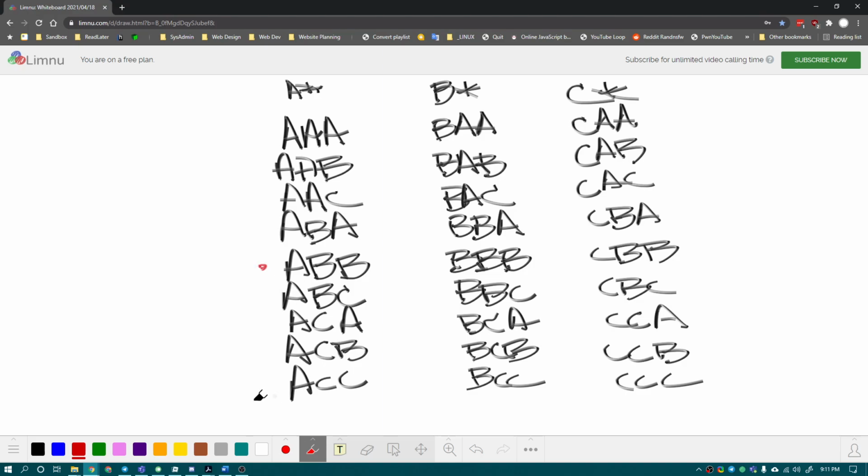Well, I know this has one A, this has one A, this has one A, here, here, here, here, here, here, here, and here. I think that's all of them. 1, 2, 3, 7, 11 over 1, 2, 3, 4, 5, 6. So 9 times 3 is 27. So that would be the probability.